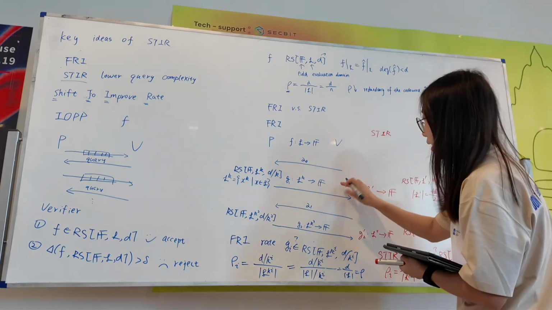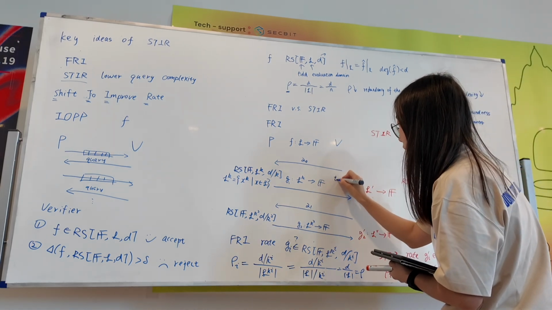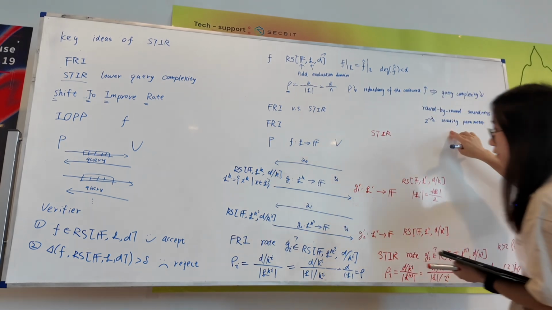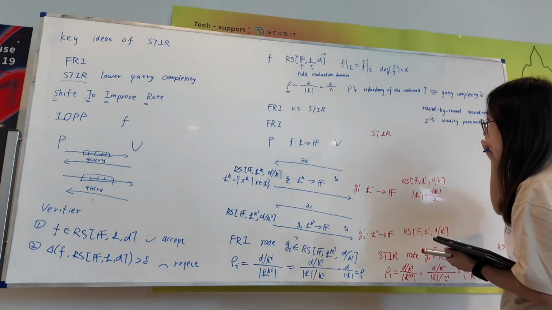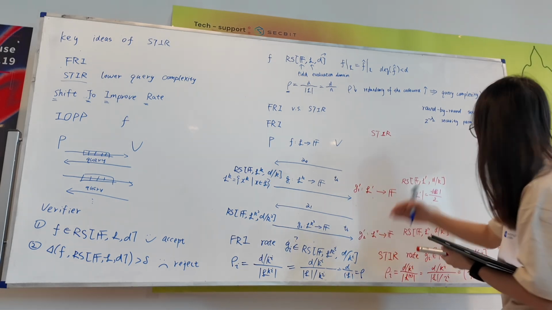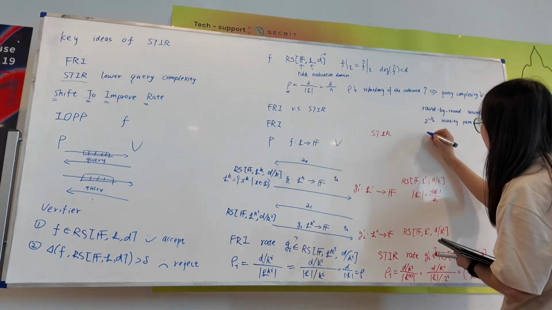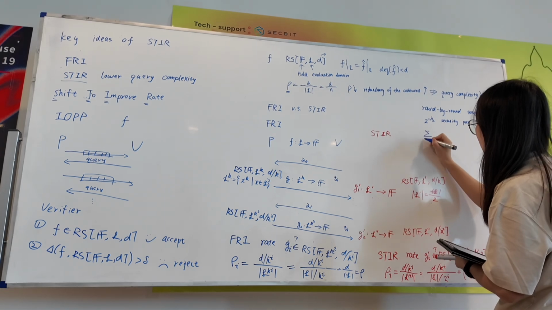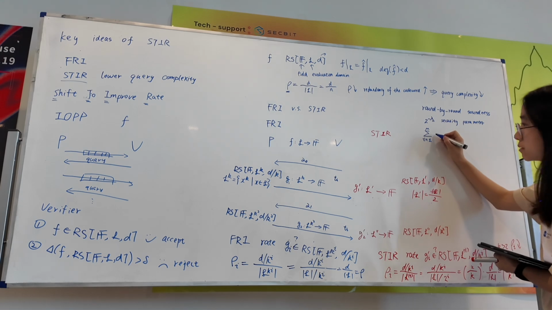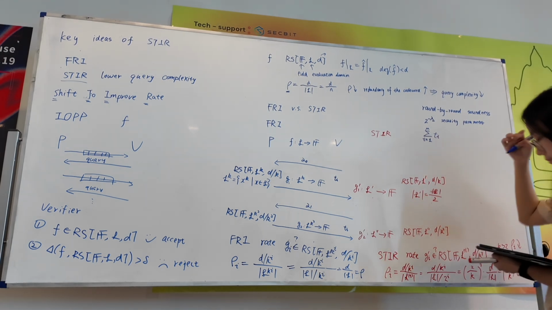So if we have m rounds, the whole query complexity is the sum of these.